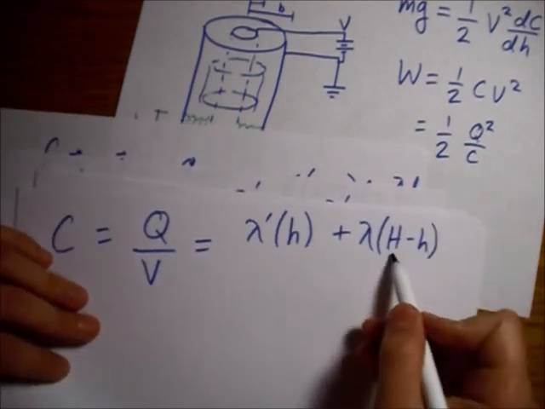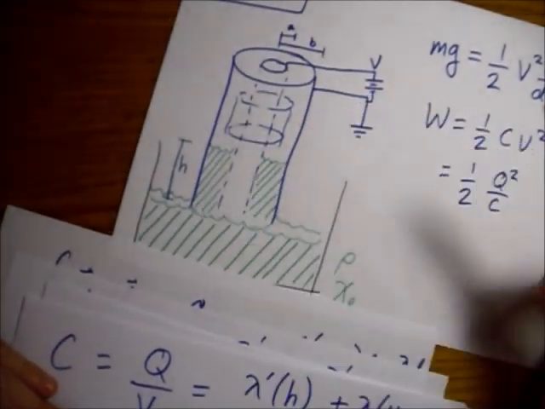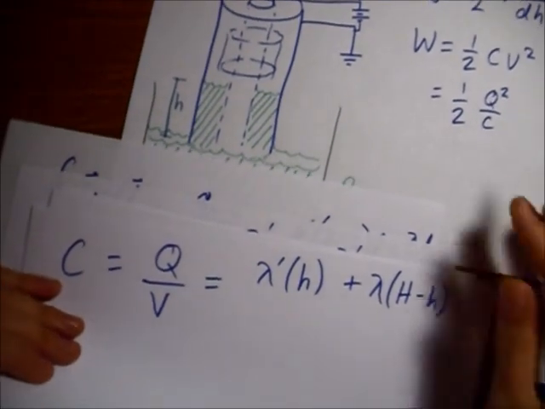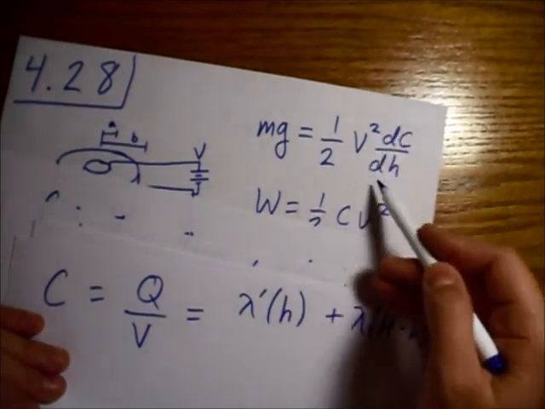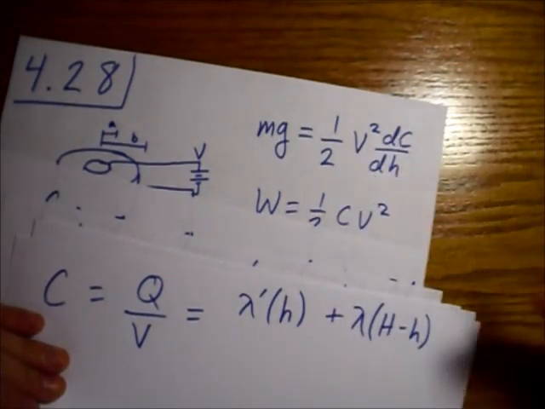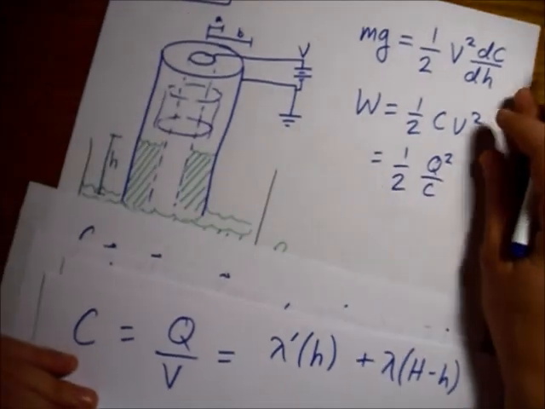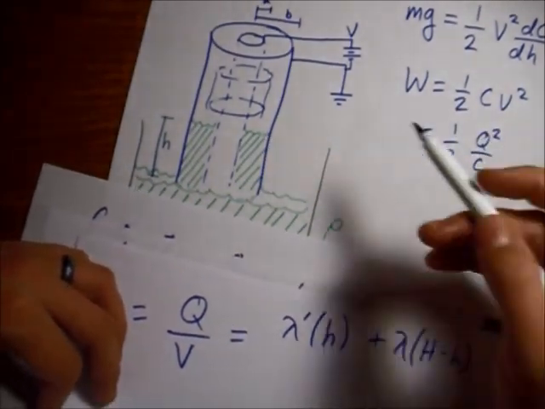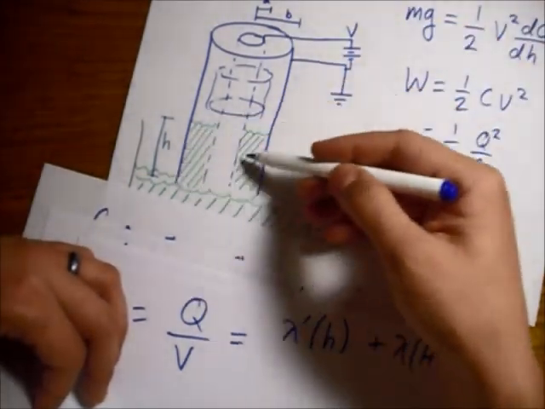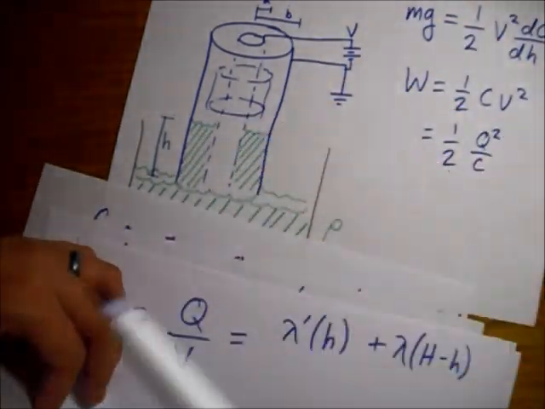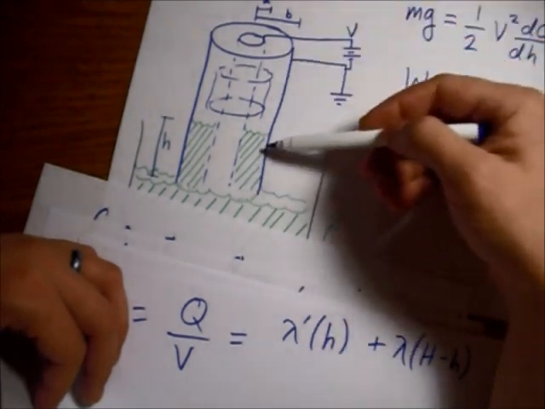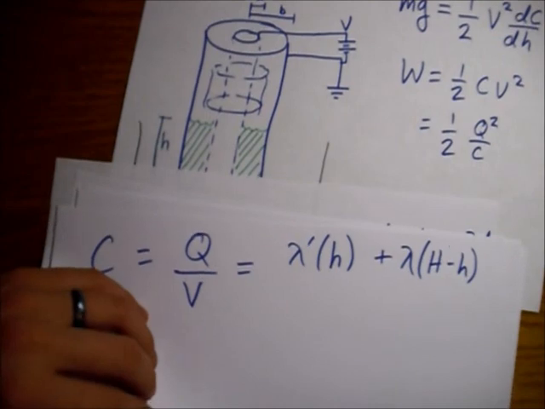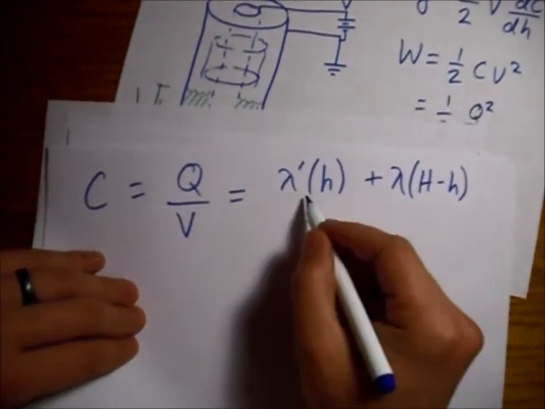You'll notice this big H does not appear in the original problem statement, and that is because when we take the derivative, way back here, big H goes away. So it doesn't matter at all the height this oil rises, as long as the tube is taller than the oil is going to rise. The total length of the tube doesn't matter at all in the theoretical world.